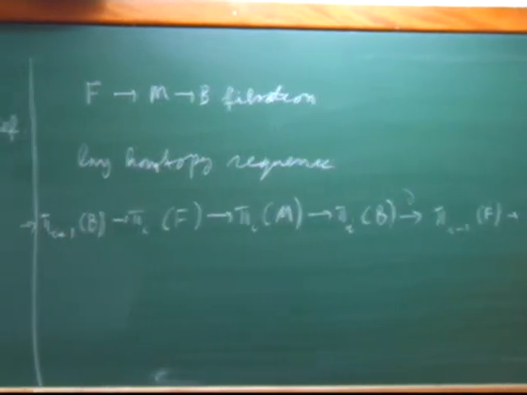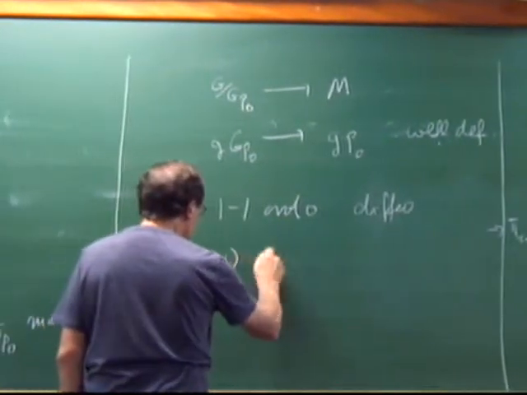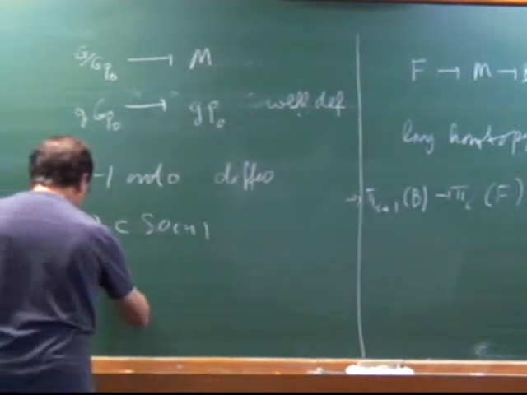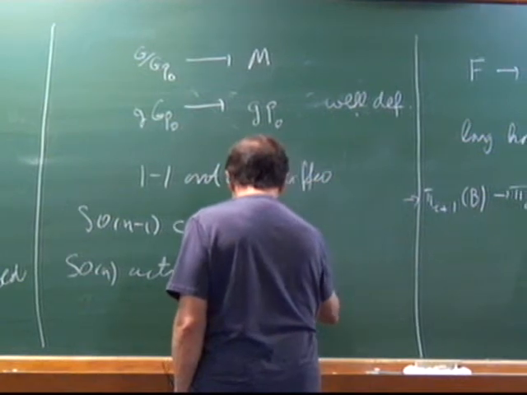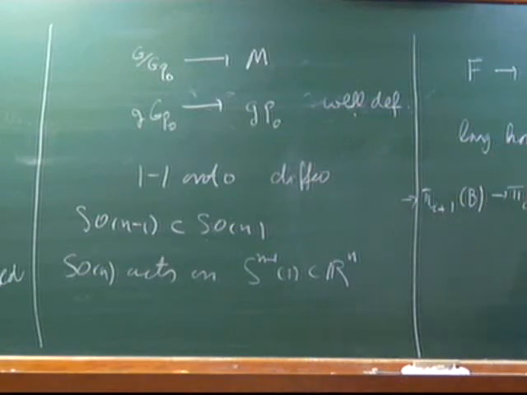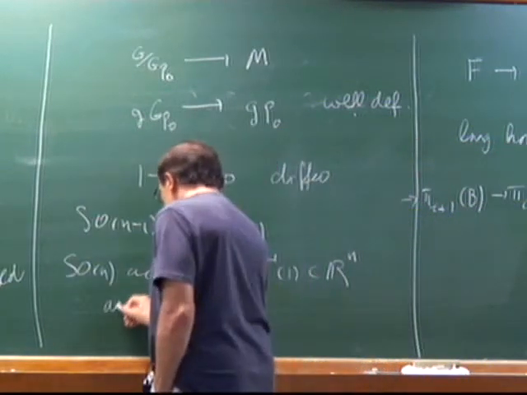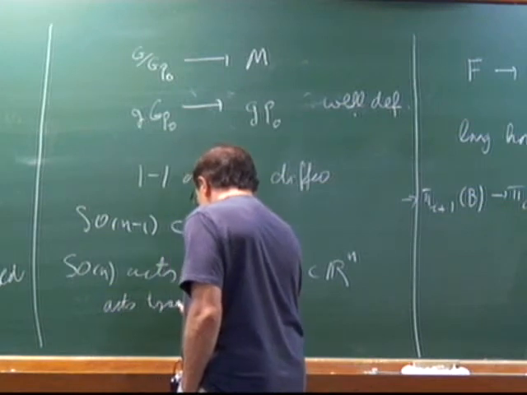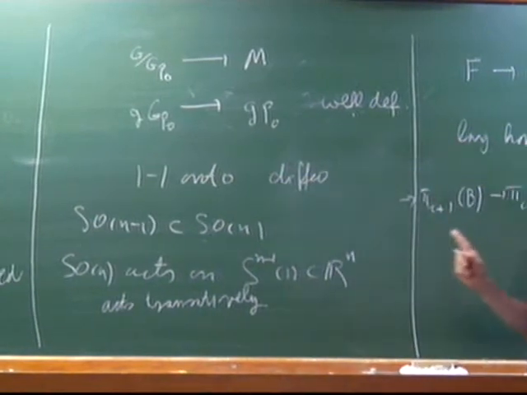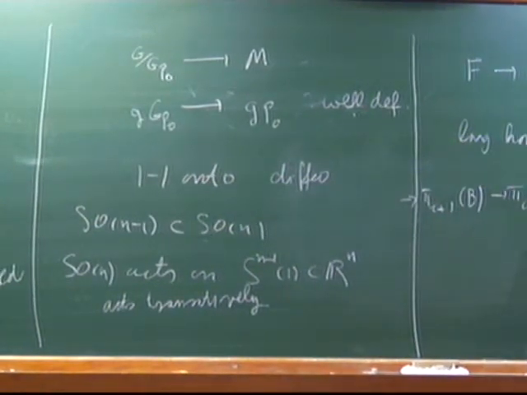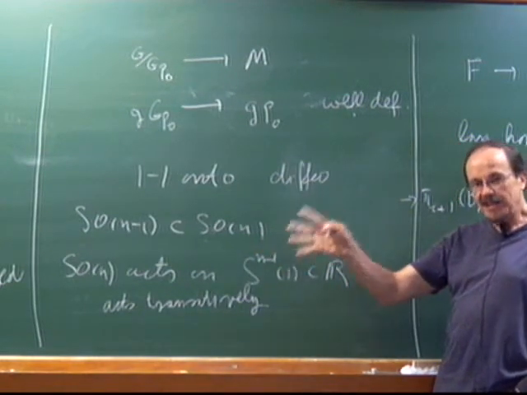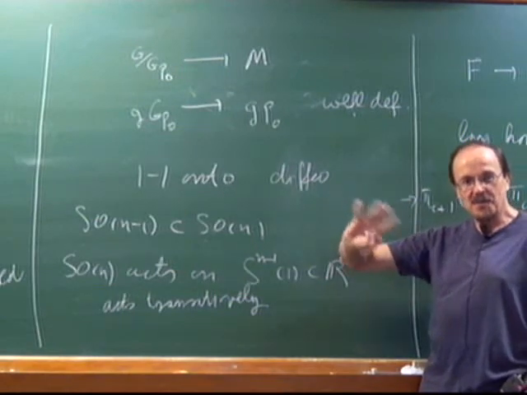Now I can apply this to the situation where I want to do induction, so I have SO(n-1) contained in SO(n). SO(n) acts on the unit sphere inside R^n via rotations and acts transitively. If I have a vector, I can take with a rotation any vector into any other vector. Even more than that, by definition, SO(n) can take any frame, any orthonormal basis, into any other orthonormal basis.